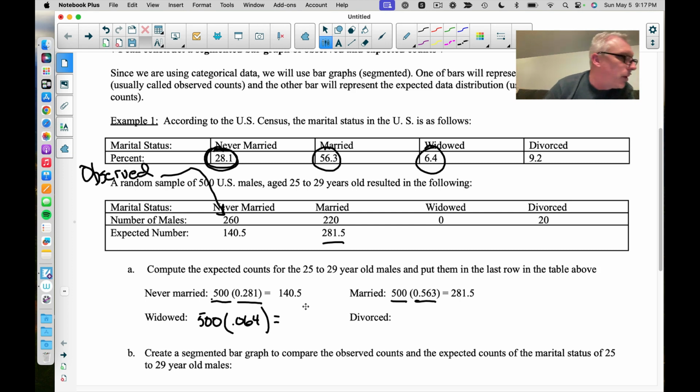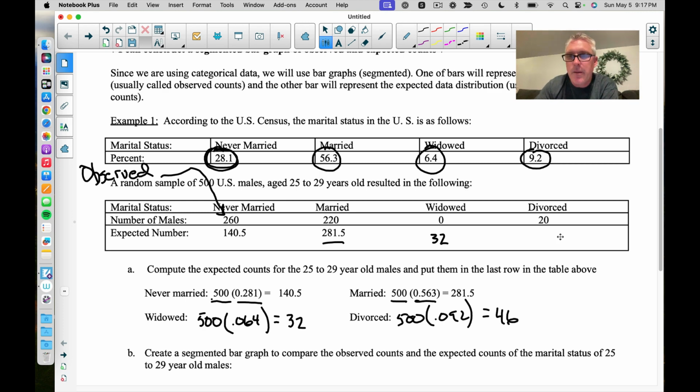I did the math already, and it's 32. We would have expected 32. And then divorced would be 500 times 0.092, changing to a decimal. And that is 46. So that means we would have expected 46.